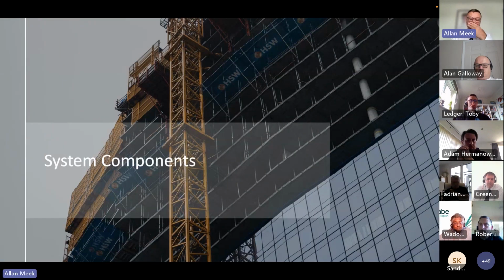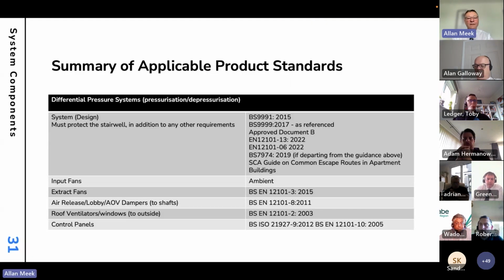Okay, so if we move on to the components of the system, I mentioned the new Part 6 for kits. Now, the kit tests, I don't think there are many UK companies who have tested their equipment to the kit standard, but there are some European manufacturers who have.